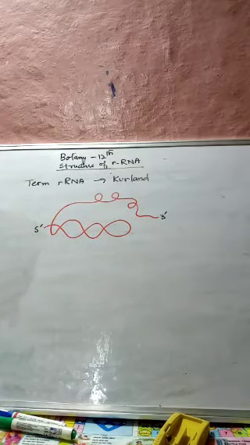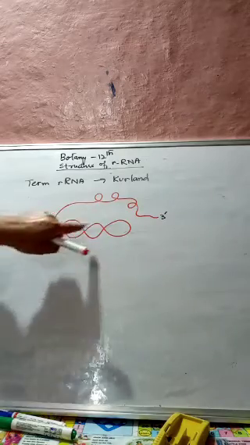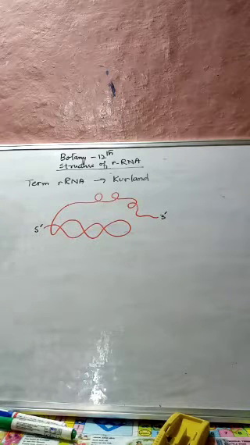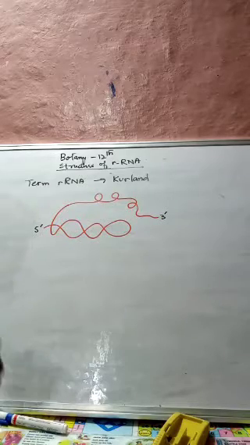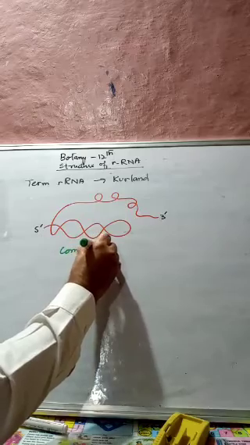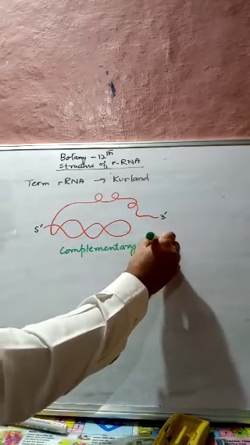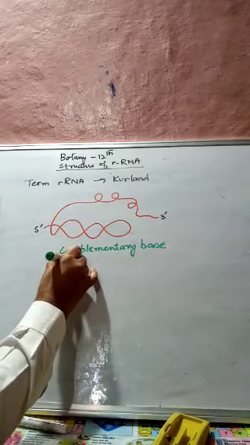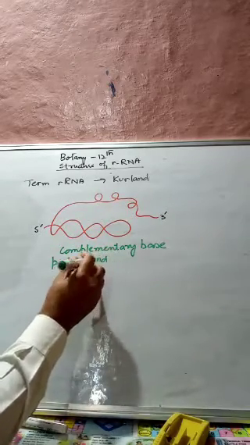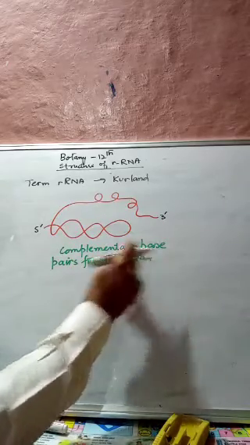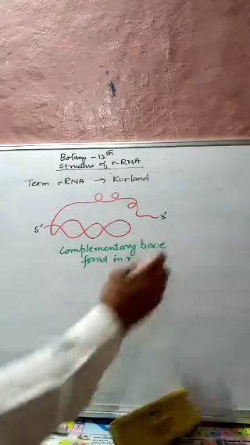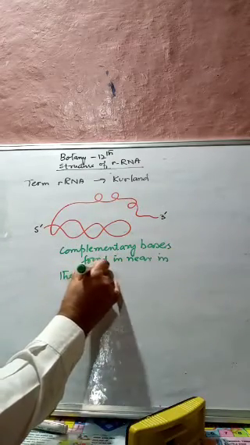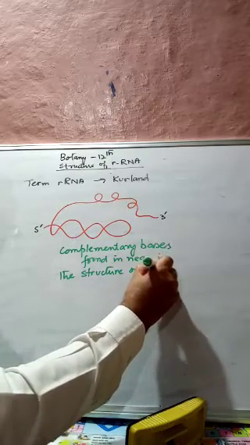It is a single stranded RNA, but there are loops here and there, 1, 2, 3, and these loops are formed due to the presence of complementary bases found nearby in the structure of rRNA.